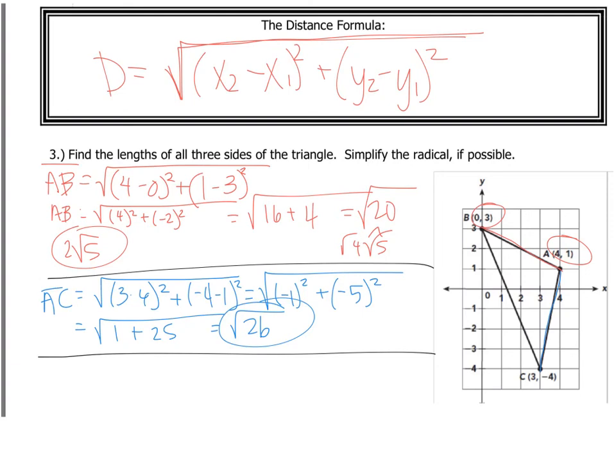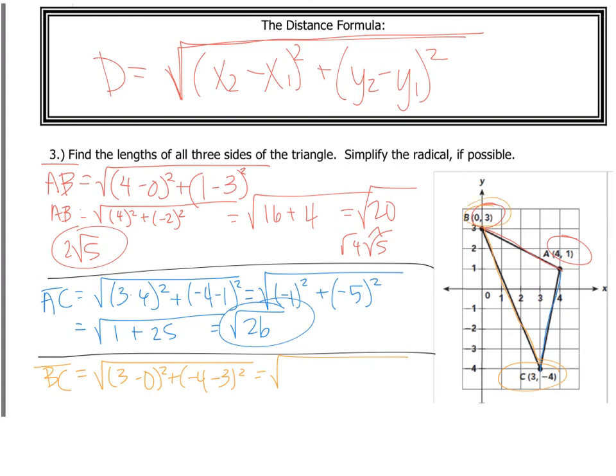And our last one, which is going to be BC, let's do 3 minus 0 squared plus negative 4 minus 3 squared. Again, it doesn't really matter which one's your x1, x2, as long as you are using these ones as your 2's and these ones as your 1's.